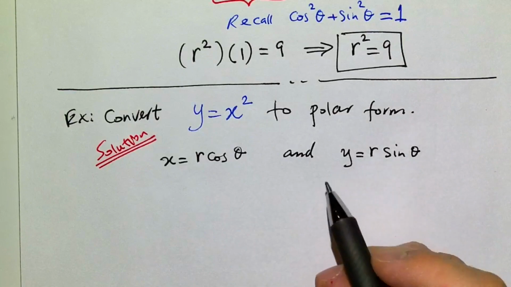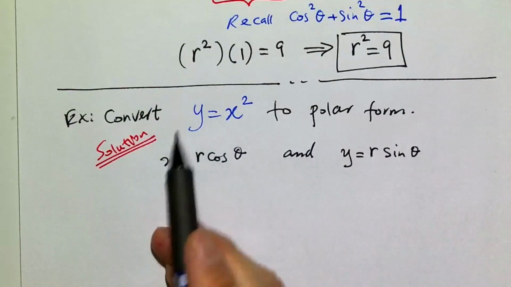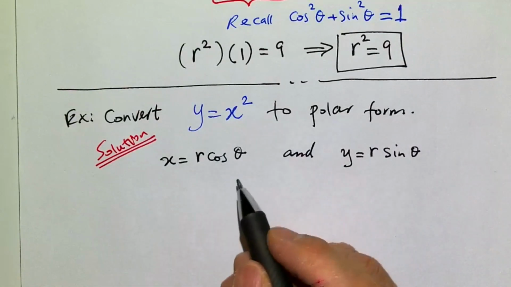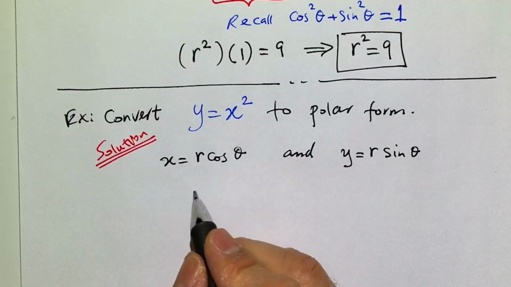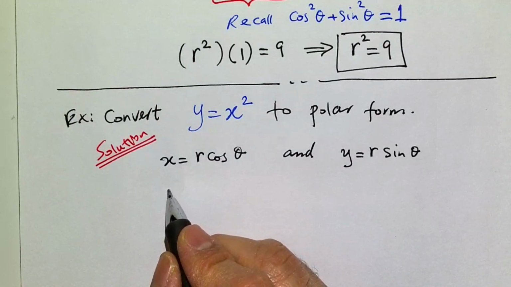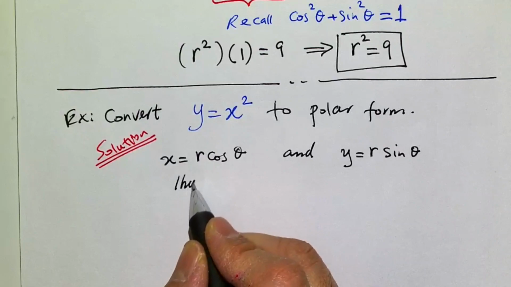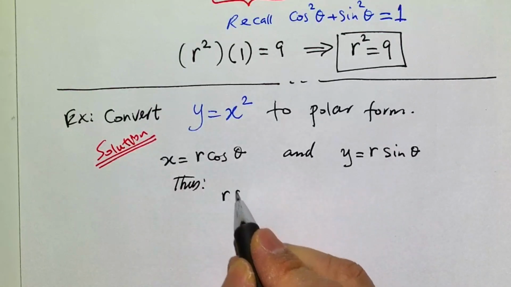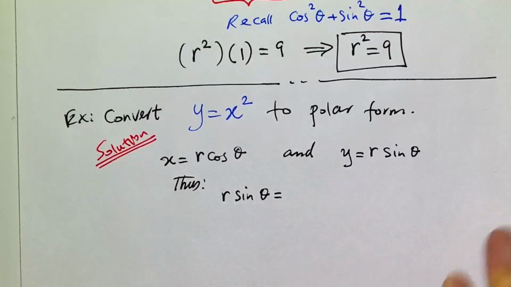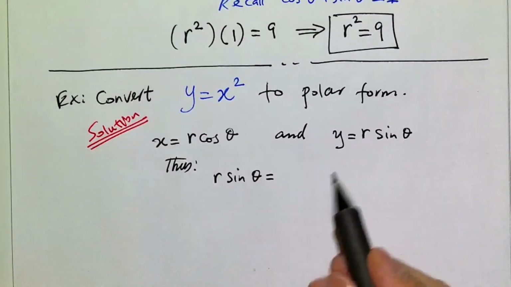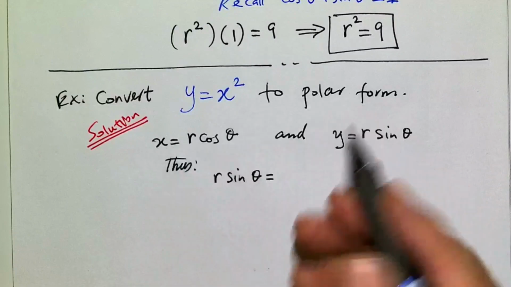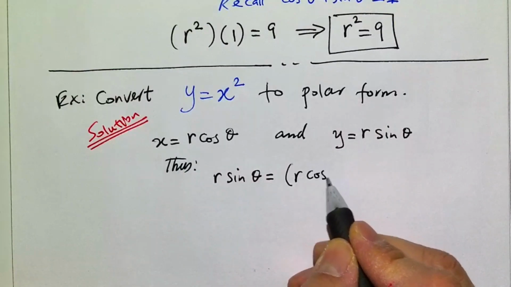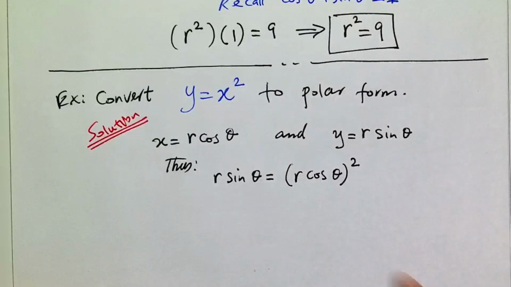These are the formulas we have. Let's plug in. For y, we're going to plug in with this. So thus, on this side we have r sine theta equals, on that side, we have r cosine theta squared, like that.